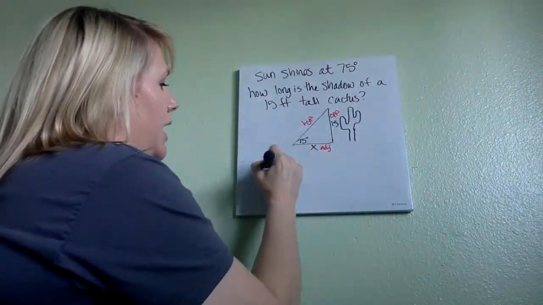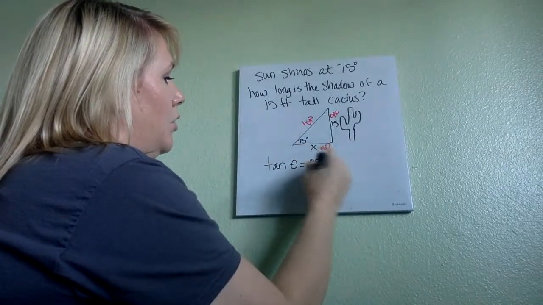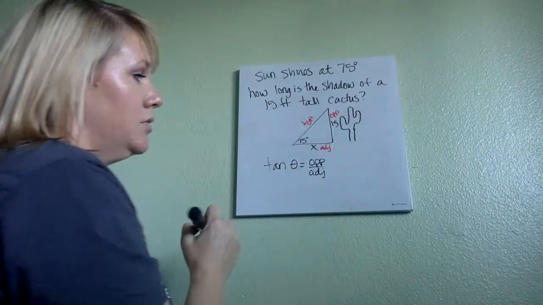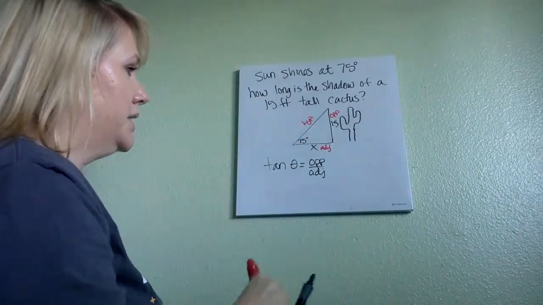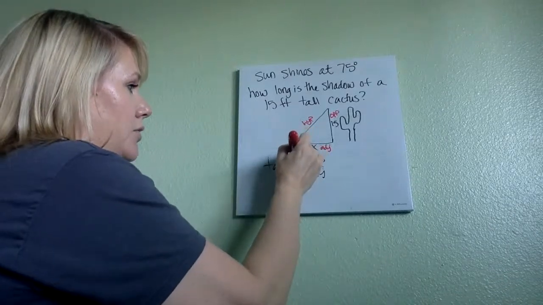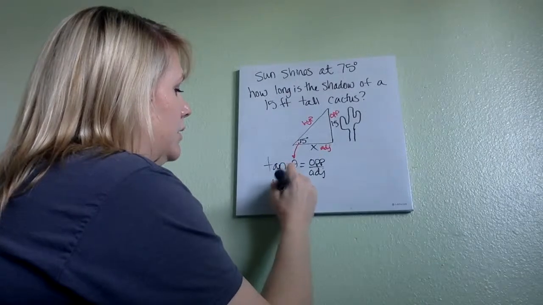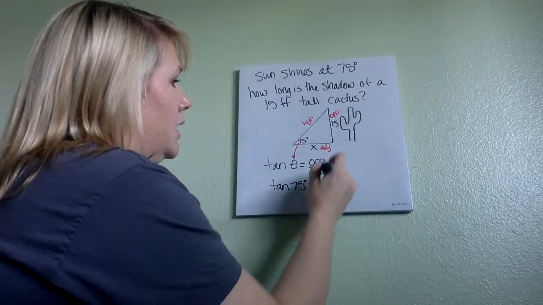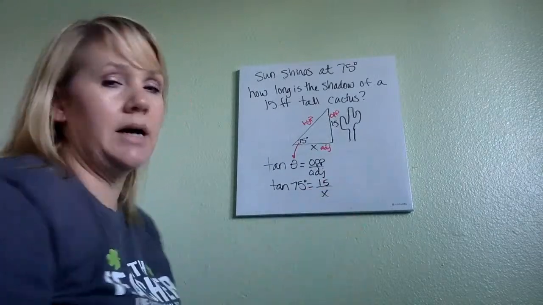If I have tangent equaling opposite over adjacent, then I plug in what I know. The angle, 75 degrees, goes right in there. So the tangent of 75 degrees equals the opposite side, which is 15, over the adjacent side, which is the x that I need.